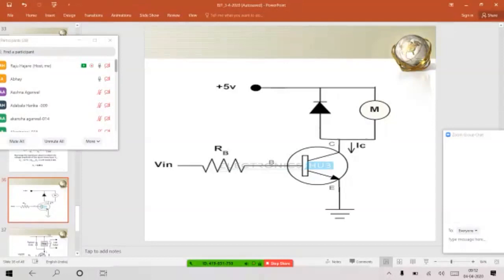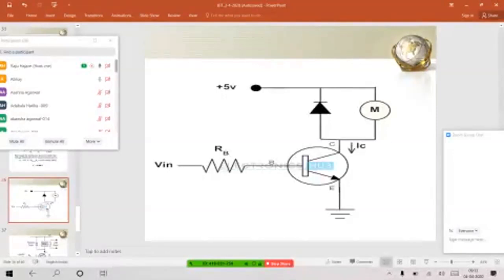Further, if you increase the input voltage, the input current will be more and IC will be more, so the motor will run at higher speed. This extra diode is connected just to provide a freewheeling path.